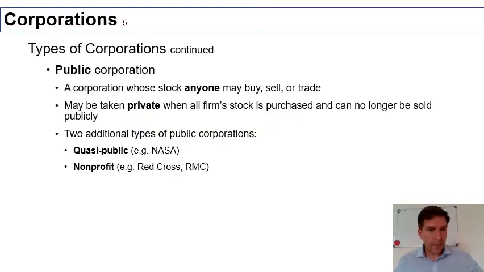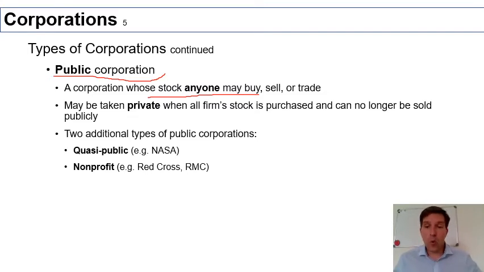Now, public corporations, like I was saying before, the characteristic that they have is that anybody can buy and sell their stock. Okay, stock in public corporations is usually traded on some stock exchange. Maybe you've heard about the New York Stock Exchange, but there are others, right?